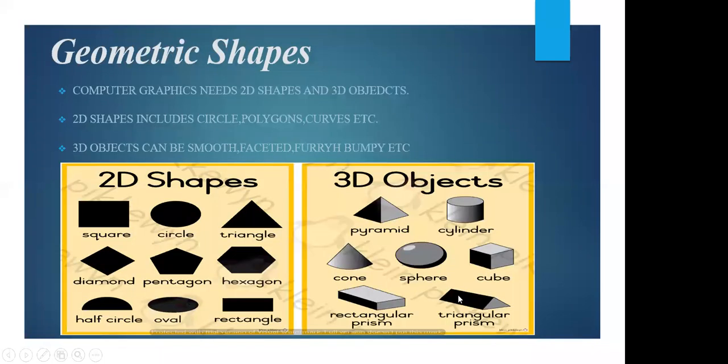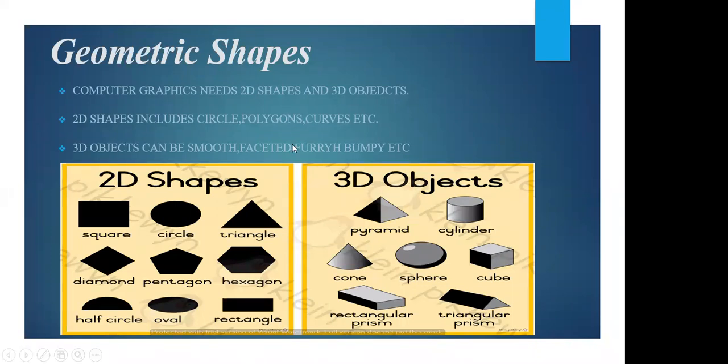There is a triangular prism. Here it uses the rectangle as well as the triangle, and it creates the 3D object, the triangular prism. That means in game programming, 2D shapes are used and by using those 2D shapes, 3D objects are created. Then there are other geometric shapes available.